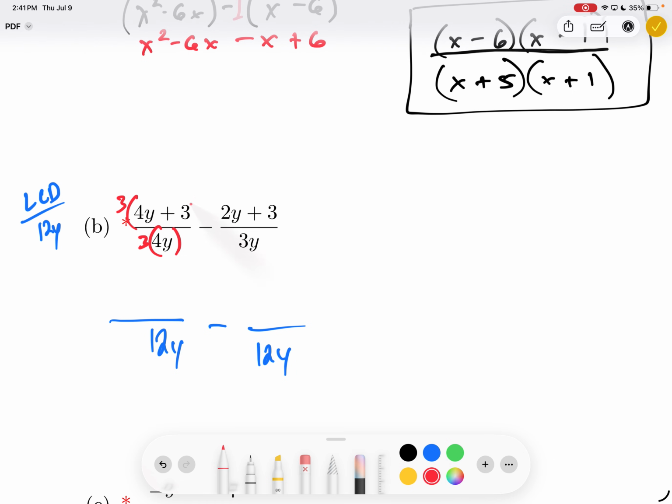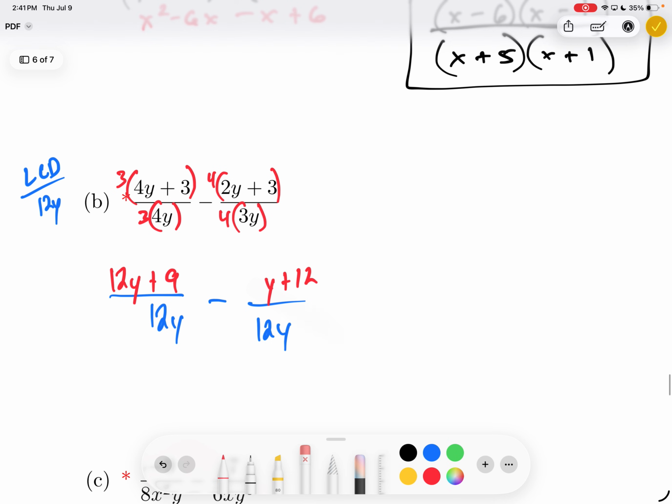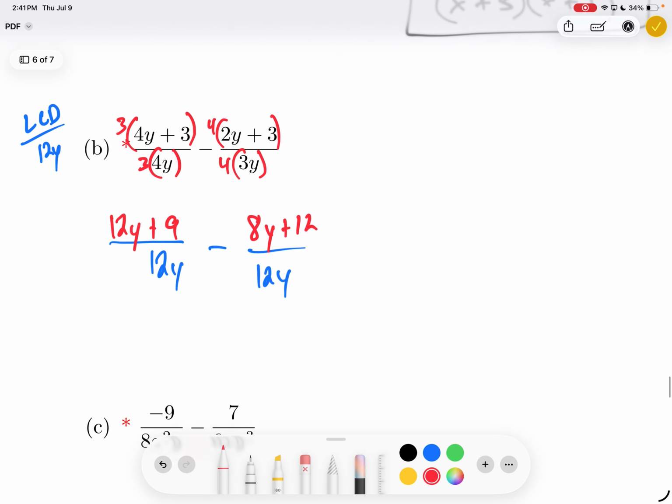Here, I'm going to go ahead and distribute this out, mostly just because it's a number. It doesn't have an x or anything with it. But also because I haven't done the subtraction yet, so you might as well distribute it out. The next one, to go from 3y to 12y, I'm going to multiply by 4. So now I have 8y plus 12 when I distribute that through.